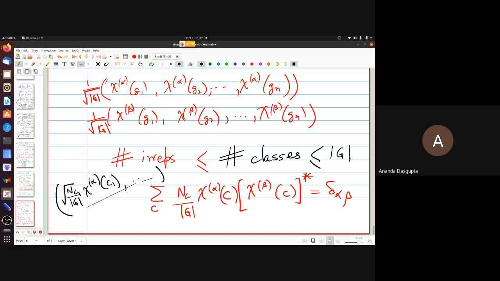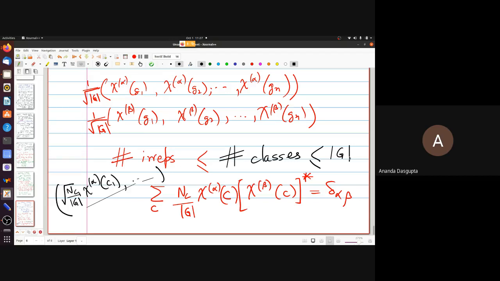Okay, and the GOT, or the character version of the GOT, will be enough to actually tell you not only that, it will also tell you what the sizes are and what the characters are, by the way. You can even find out the characters without even writing down a single representation explicitly, at least for this case.